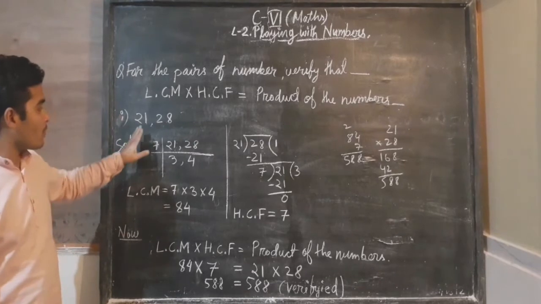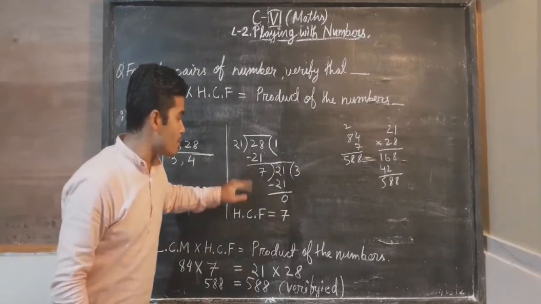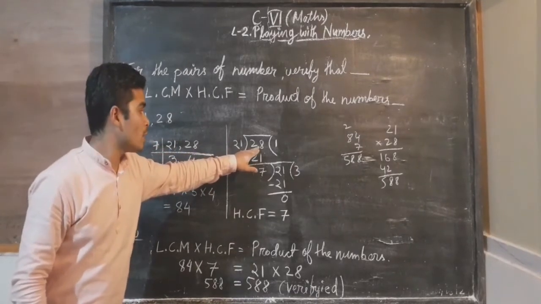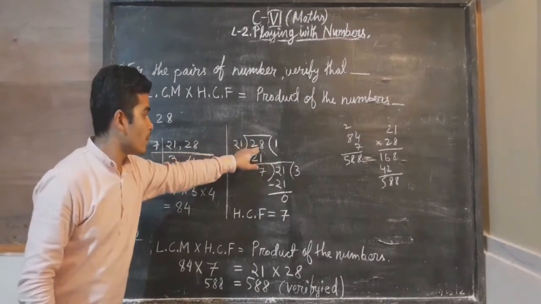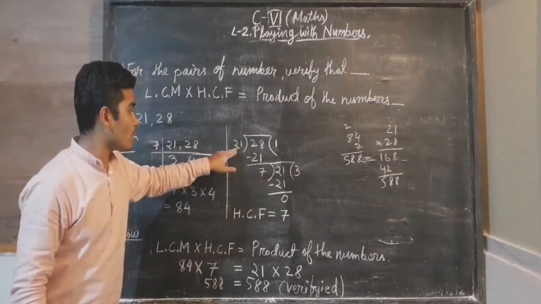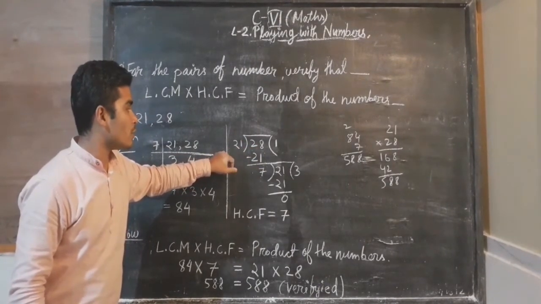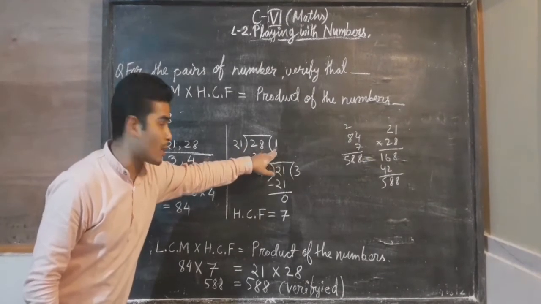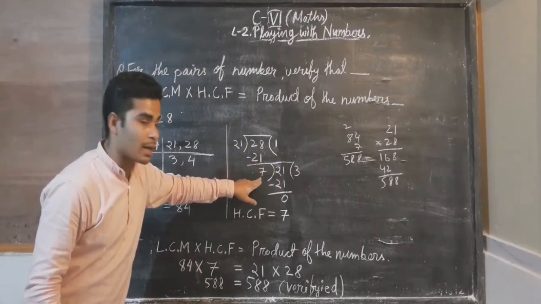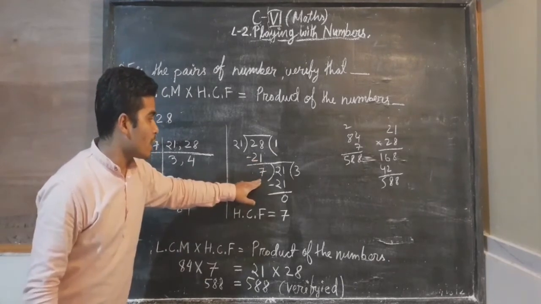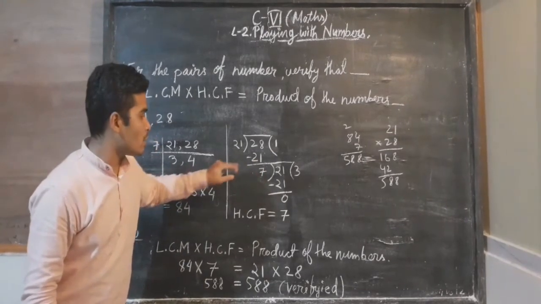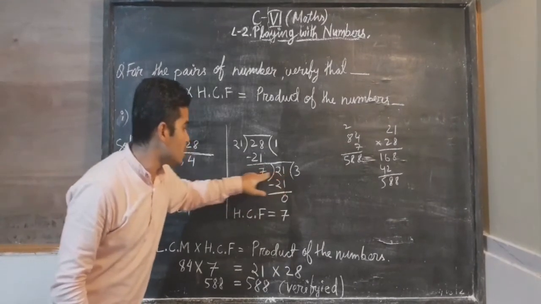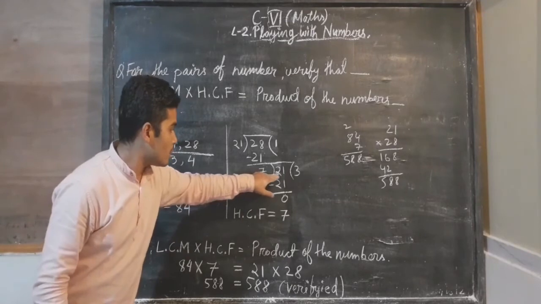Also we have to find the HCF of these 2 numbers. Here I am using the division method. From these 2 numbers, we put the greater number as the dividend, and the smaller number becomes the divisor. If I divide this number by 21, I can give only 1 time. Then we get remainder 7. After getting the remainder, we should consider the previous divisor as the dividend. Now we divide 21 by 7.